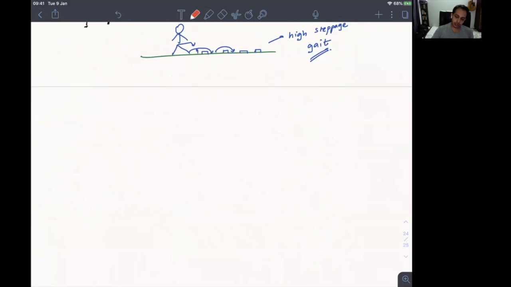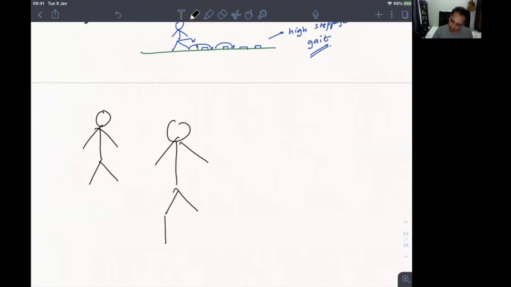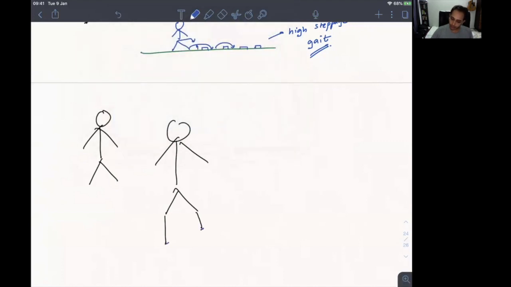Now, clinically, how would a foot drop present? There is nothing wrong with the sensation this time. So the person knows that the obstacles are there. The person knows how high the leg is lifted. But when you lift the leg, on the side of the leg with the foot drop, normally the foot should be raised up.